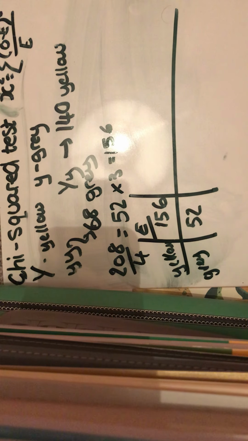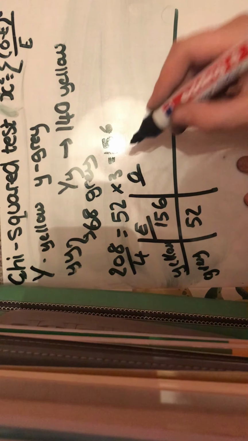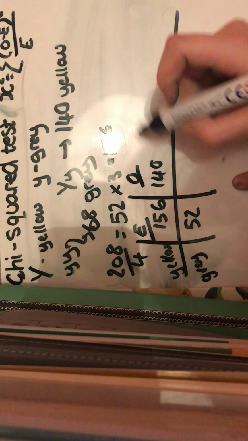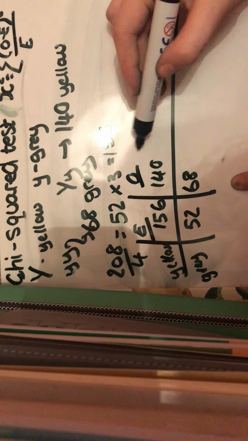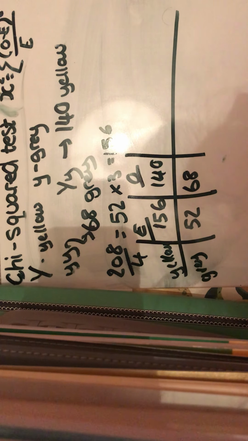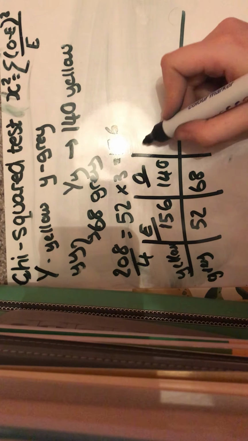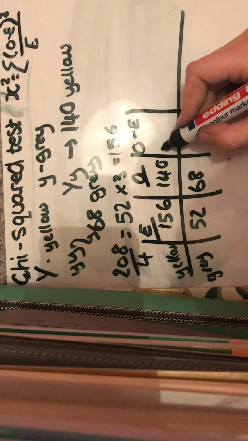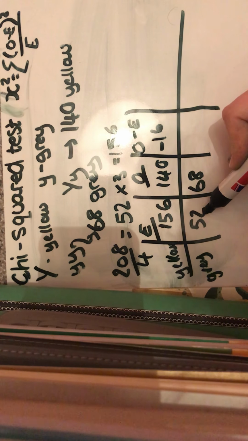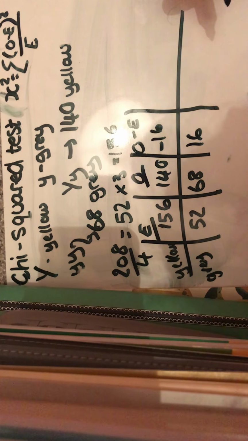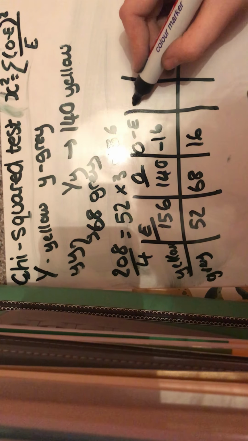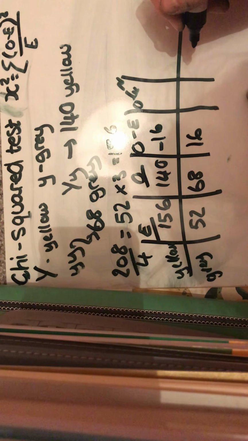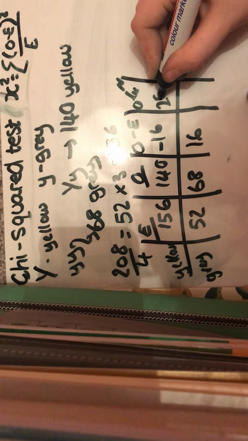Okay. Looking at the observed values, we observed 140 yellow and 68 grey. We need to do O minus E. So 140 minus 156 is minus 16, and 68 minus 52 is positive 16. Then we need to do O minus E squared, which is 256.